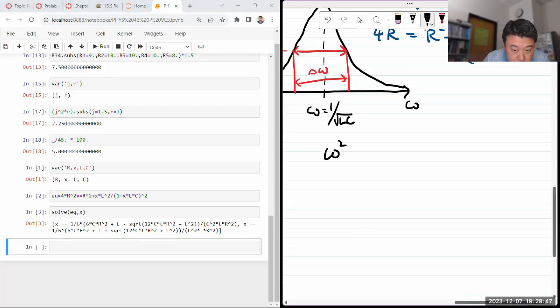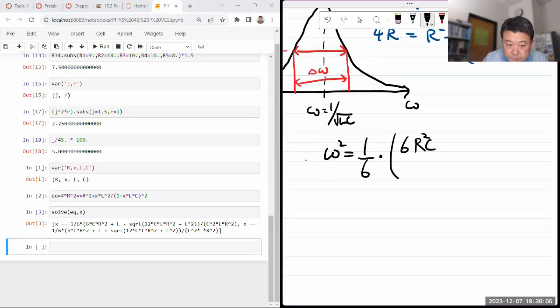You get two solutions. I think I can write them both together. I have 1/6 times 6, and then this R squared C plus L, and then this is what I'm looking at.